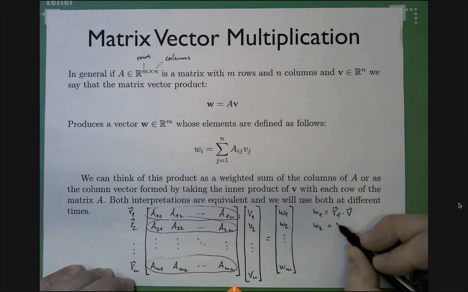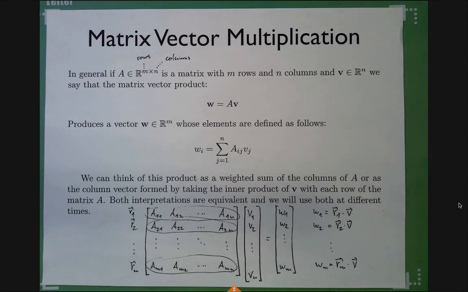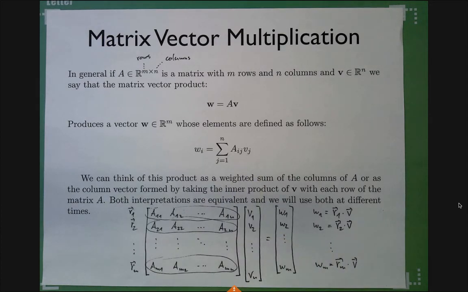W2 would be the dot product of R2 and V, and so on up to Wm would be the dot product of Rm and V. Is that clear? That's basically a different way to write down this sum. It's all about notation. So here I had to denote the rows of the matrix, and then this is a dot product.